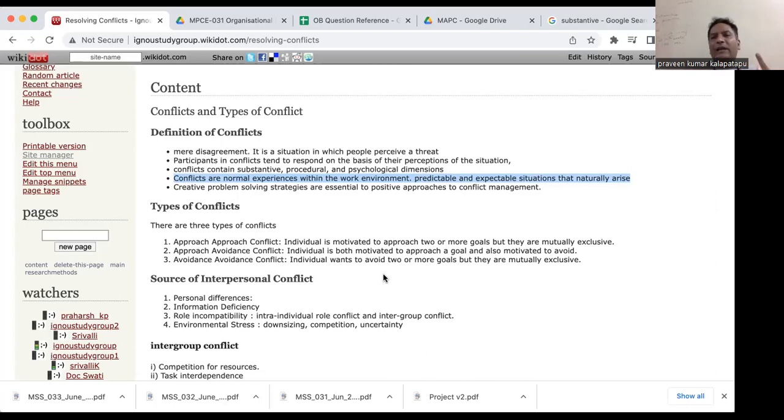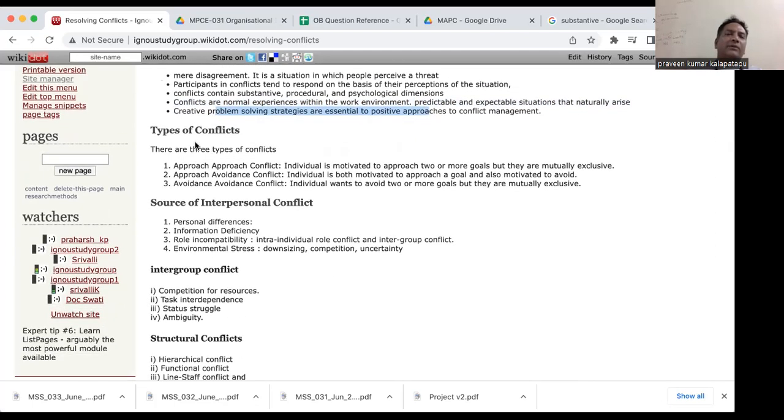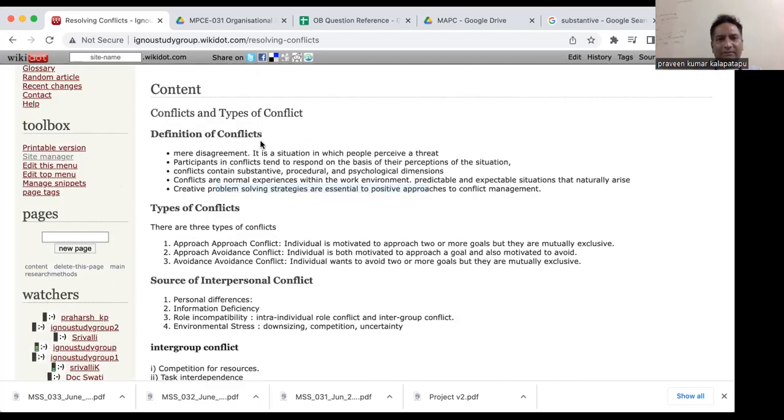Both of you have an interest to compete, and both know there is going to be a conflict, so it is very predictable and expected, right? So problem solving strategies are essential in order to manage this conflict in a positive way, right?